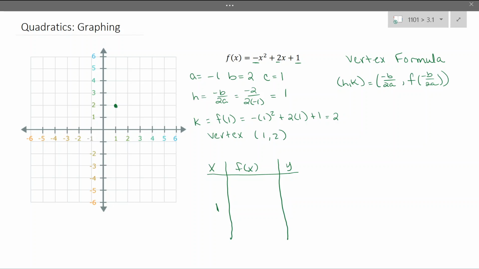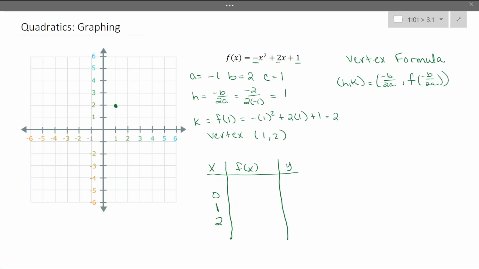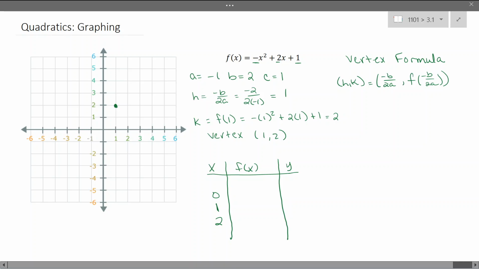And then let's choose points on either side of our vertex that are the same distance away. So if my vertex is 1, I'll choose 0 and I'll choose 2 because each of those is 1 in the x direction away from my vertex. And then I'll choose negative 1 and I'll choose 3.